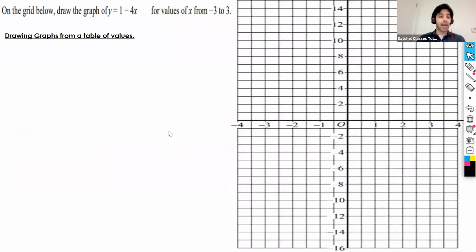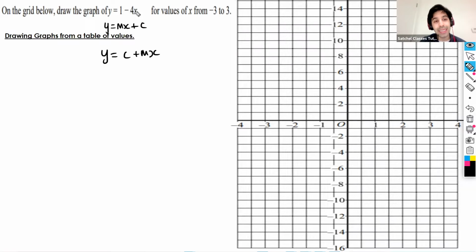All right, let's do another example. Again, it says on the grid below, draw the graph of y equals 1 minus 4x for the values of x from -3 to 3. Now notice here, our graph is in the form of y equals c plus mx.